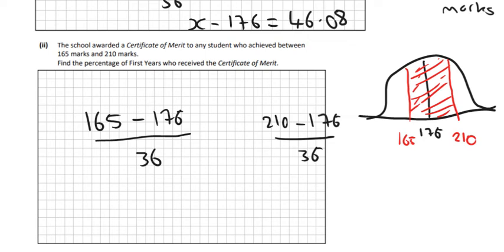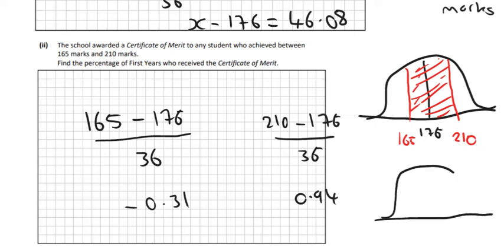Then you put those two in the calculator and you'll get minus 0.31 and 0.94. On the normal distribution, if 0 is here, then minus 0.31 is there and 0.94 would be there.